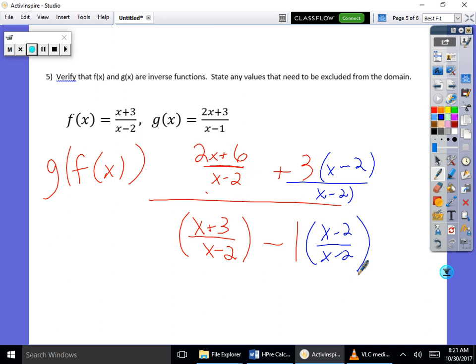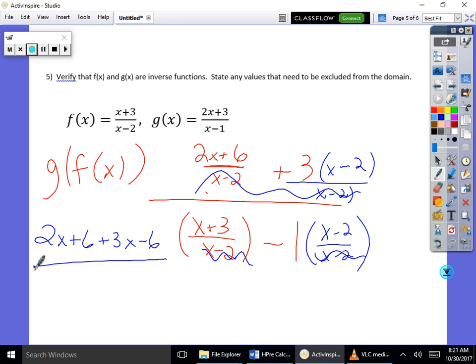Everyone has the same denominator, so goodbye denominator, okay? So in the numerator, I have 2x plus 6 plus 3x minus 6 over x plus 3 minus x plus 2.